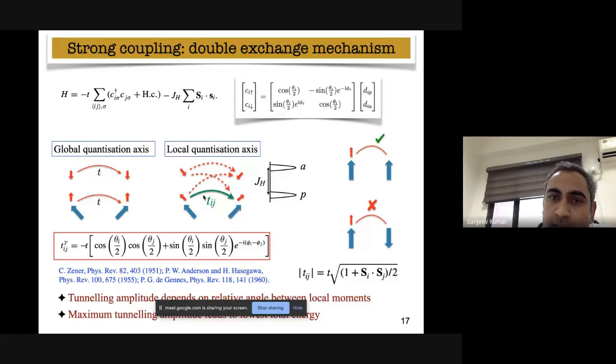And what is the double exchange mechanism? Imagine that you're working in the strong Hund's-Rule coupling limit.